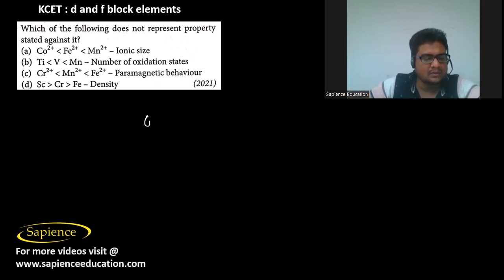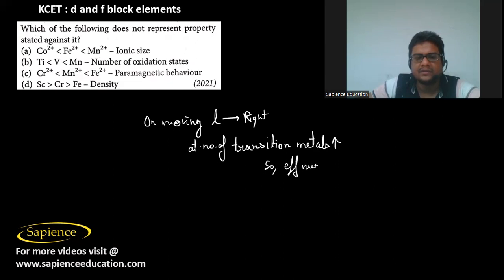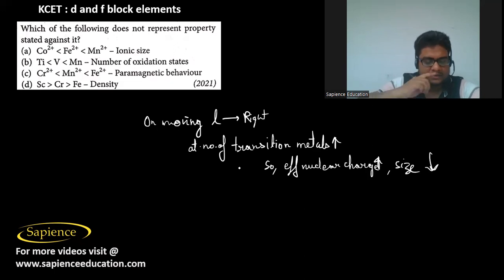So here the rule is that on moving from left to right, since the atomic number of the transition metals gradually increases, the effective nuclear charge will increase, and hence the size decreases from left to right.